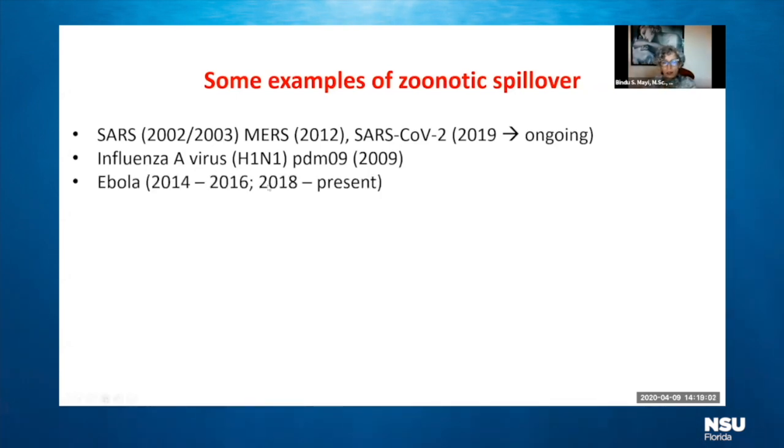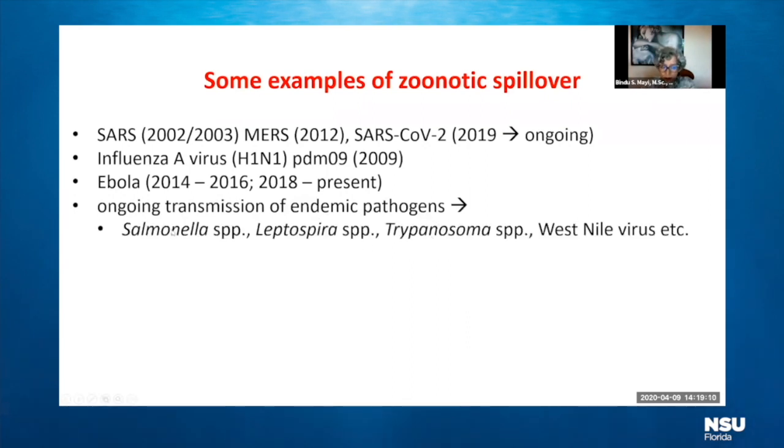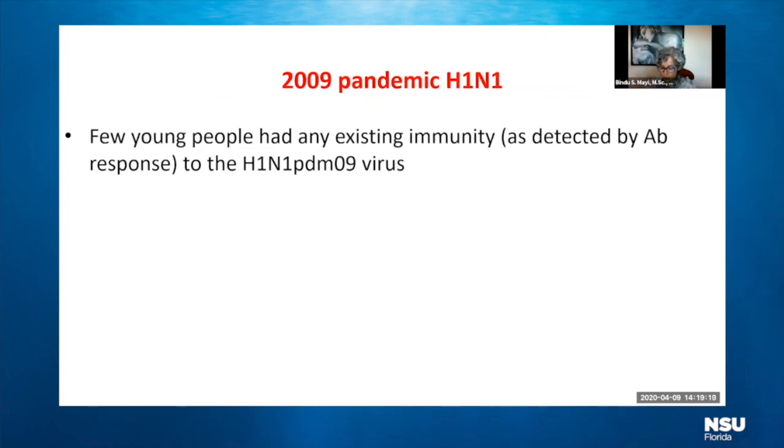Ebola, which there's a small outbreak going on still in the Democratic Republic of the Congo. In addition, there are other pathogens such as Salmonella, Leptospira, West Nile. We see it every single year just in this country. All of these are examples of zoonotic spillover.